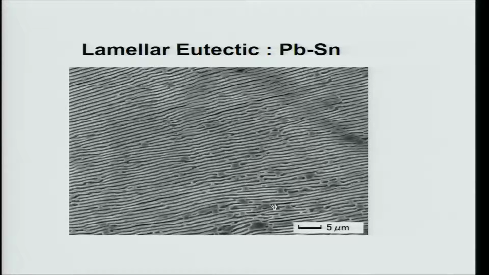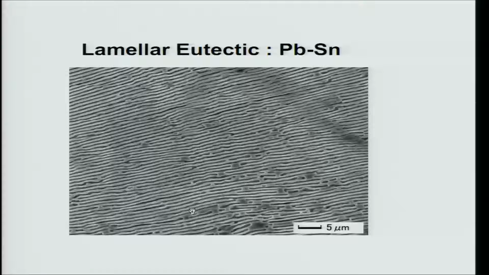Lamellae means many, and lamella means one. These grey regions are basically the tin. On the other hand, the black ones are basically lead, but they are in a lamellar morphology.